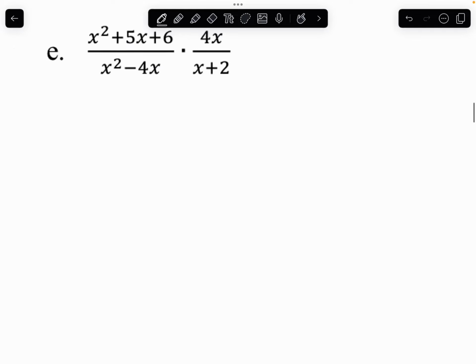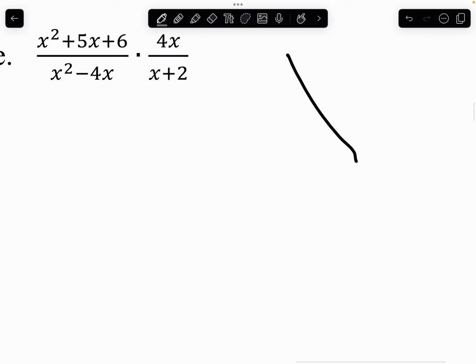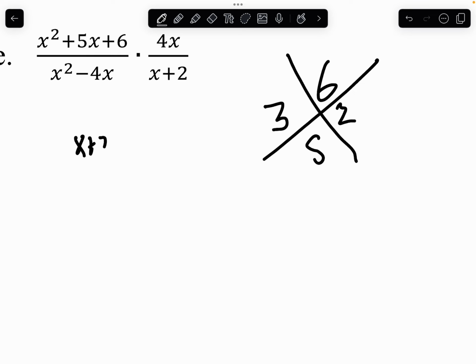I'll do the other multiplication one, kind of skipping around. So do top left first, so it's going to be 6 and 5, 3 and 2, so it's going to be x plus 3, x plus 2.